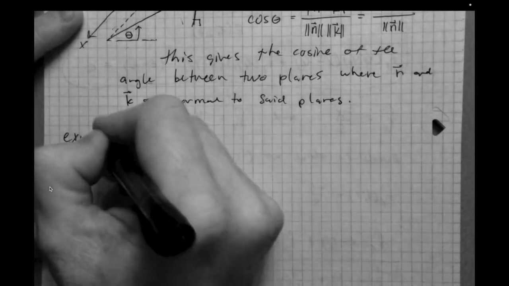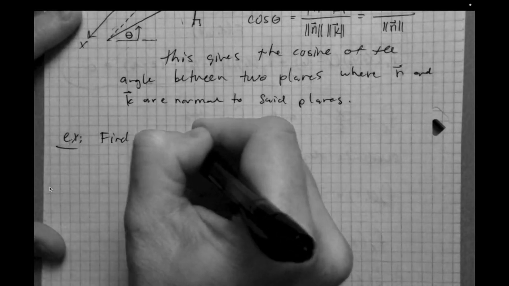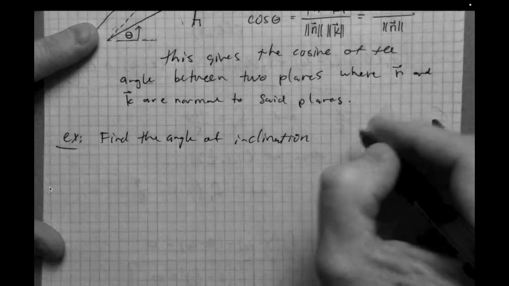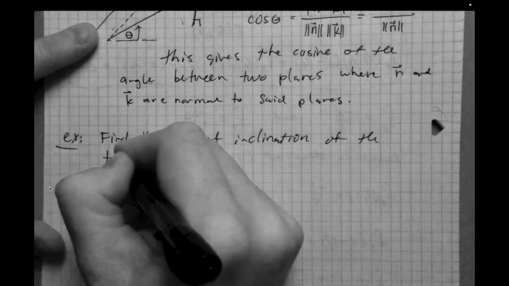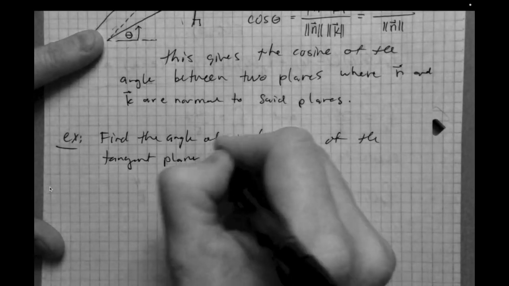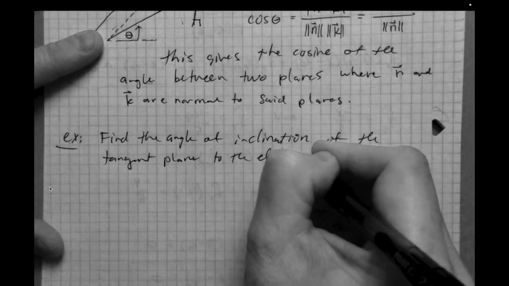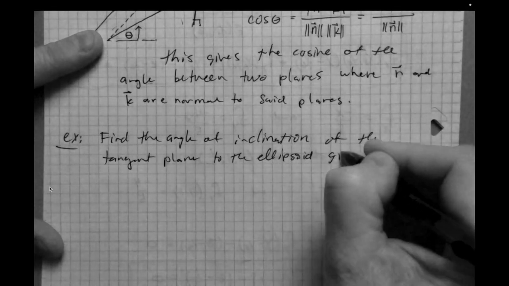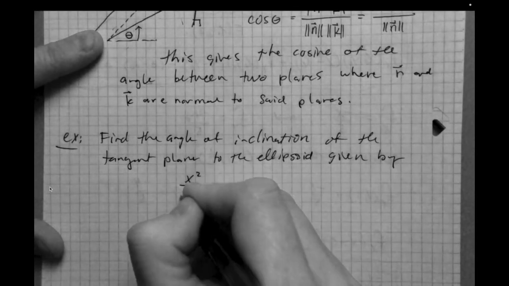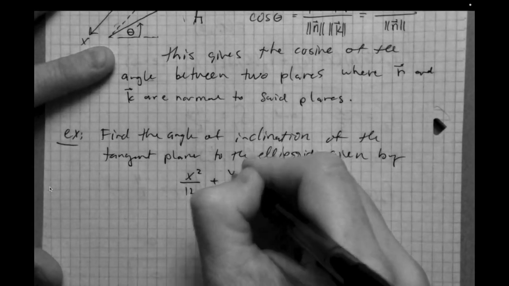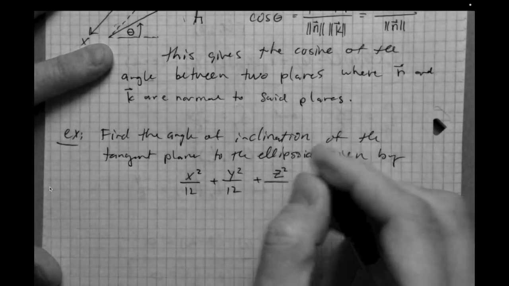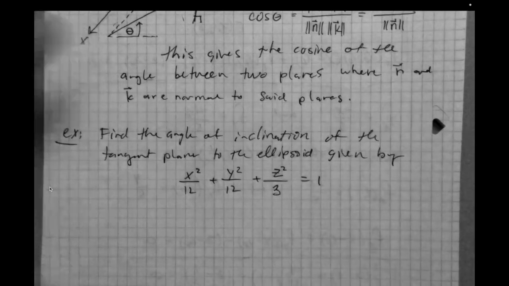So let's find the angle of inclination of the tangent plane to the ellipsoid given by x squared over 12 plus y squared over 12 plus z squared over 3 equal to 1.